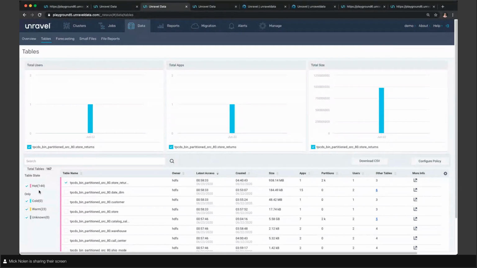The definition of what hot, warm, and cold is configurable here as a policy, so you can pick what that means to you. And back to that moving houses analogy, I learned a life lesson a few years ago that if you're moving and you have a box that you didn't unpack from the last move, throw it away. You don't need what's in there because it hasn't been used.